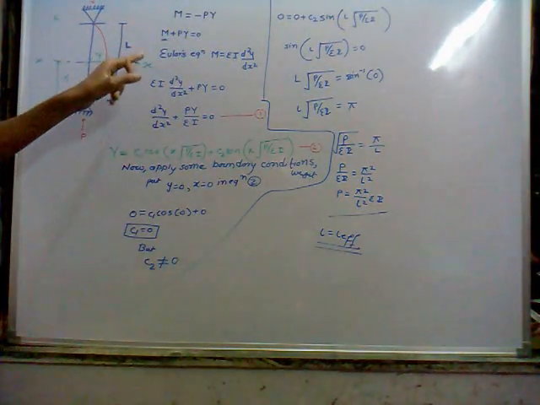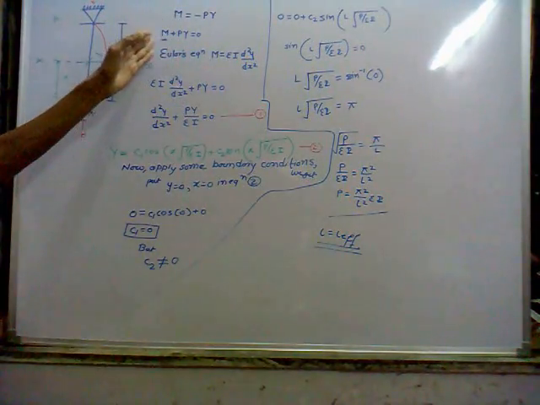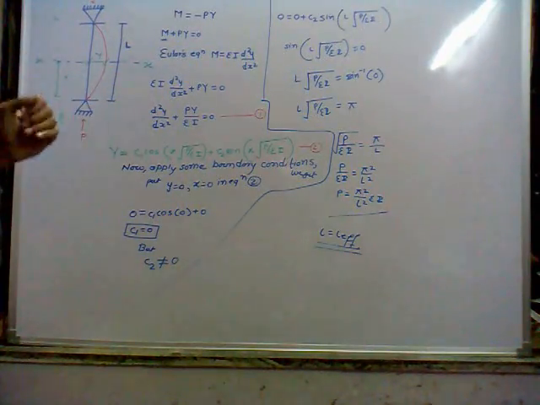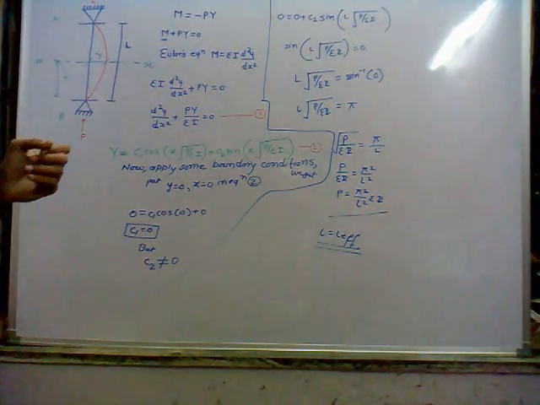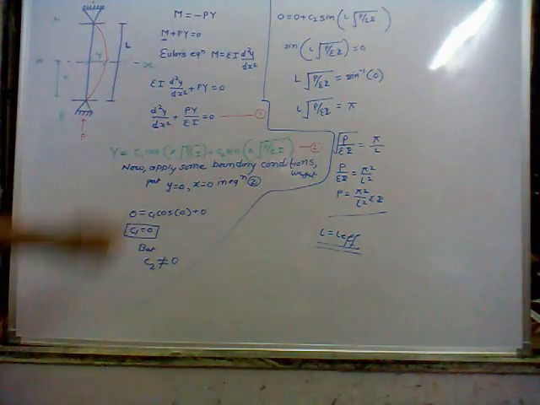We know Euler's relation M equals EI d2y by dx square. Putting this value, EI d2y by dx square plus Py equals 0. I divide this by EI.